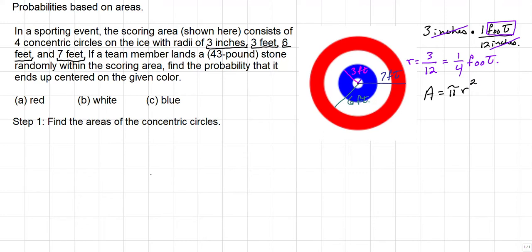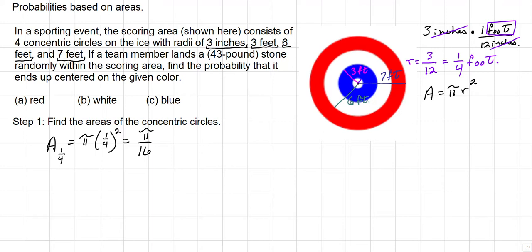And so we're going to go ahead and find the area of each one of these. So what I'm going to do is I'm going to say the area, and I'm going to use a subscript. And this way I'm going to indicate which radius I'm using. So this is going to be the area of the circle that has a radius of 1/4 feet. And that's simply going to be equal to pi times 1 over 4 squared, which will be equal to pi over 16.